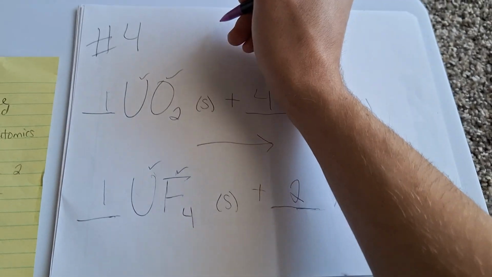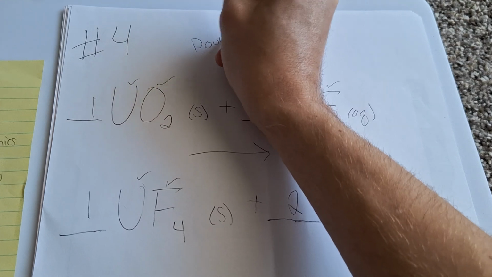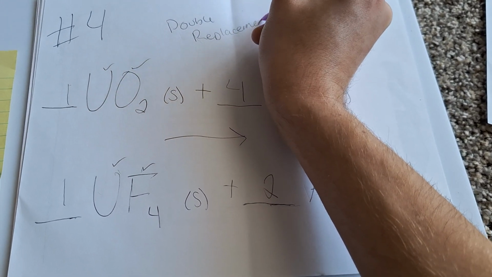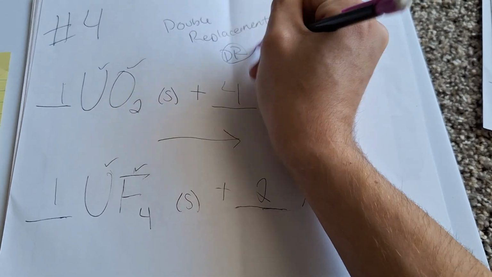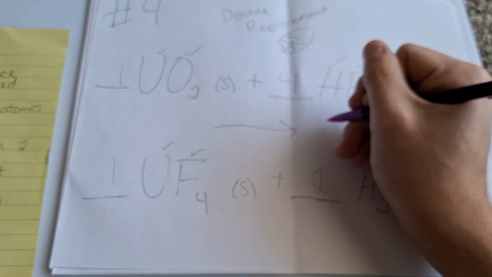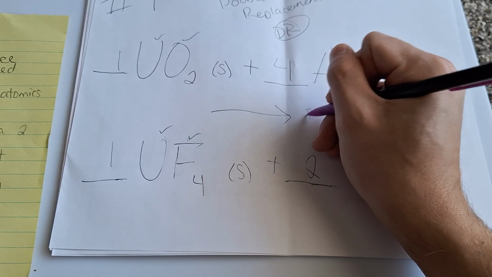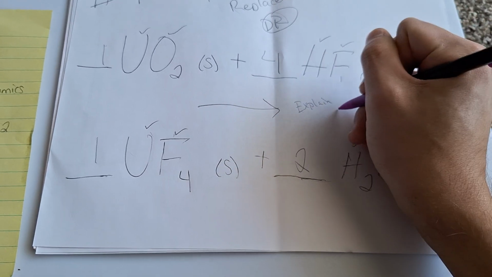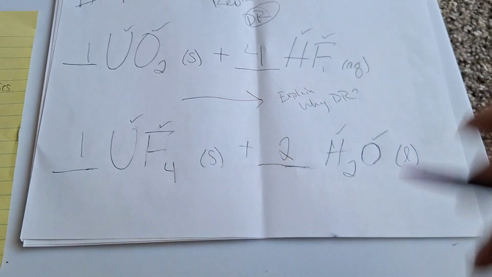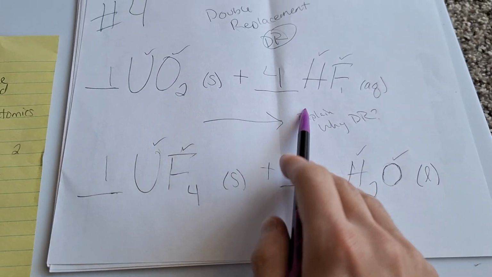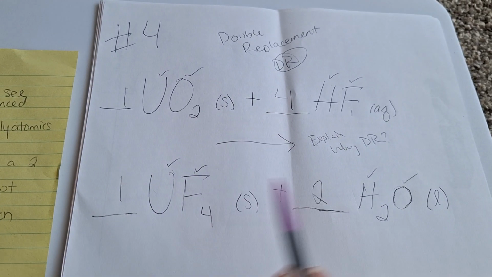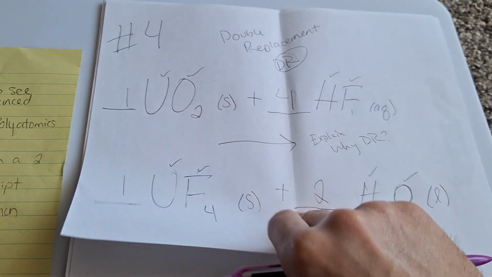So this is double replacement, or DR. Okay, and then explain how you saw that, using what I've taught you thus far. So explain how you know it's a double replacement reaction. Okay? We're going to go to the next one.